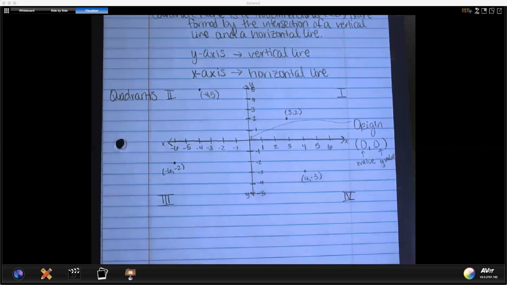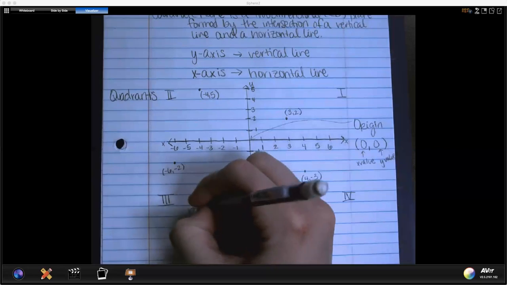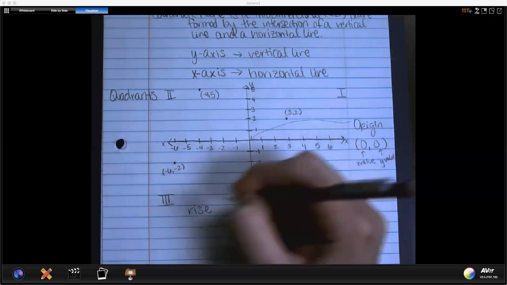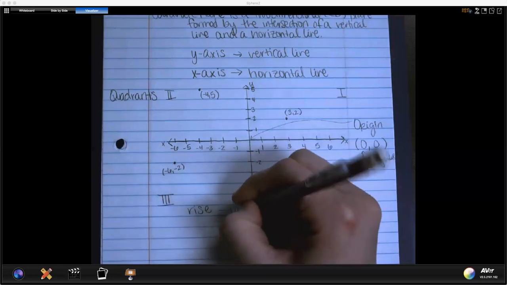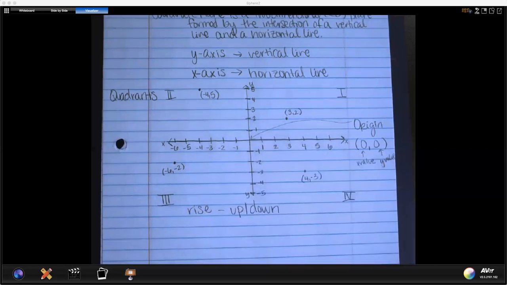All right, last thing we're gonna talk about is rise and run. Raise your hand if you recognize rise and run. I heard it in science today. What does it mean to rise? Yep. So rise can be up and it also could mean down technically, okay?